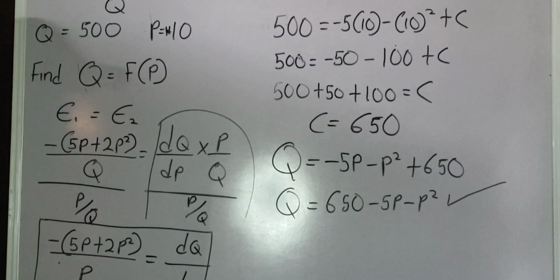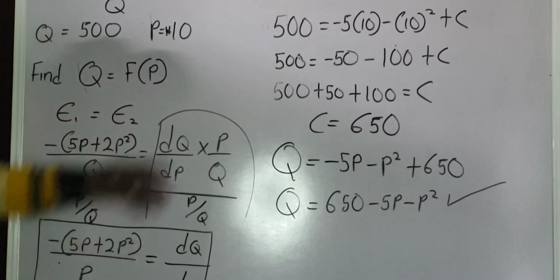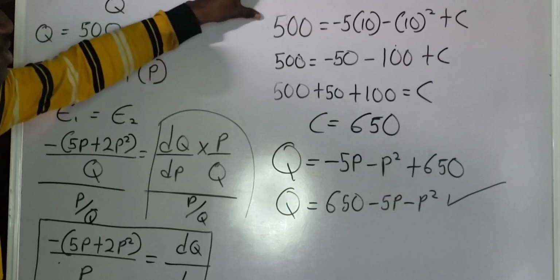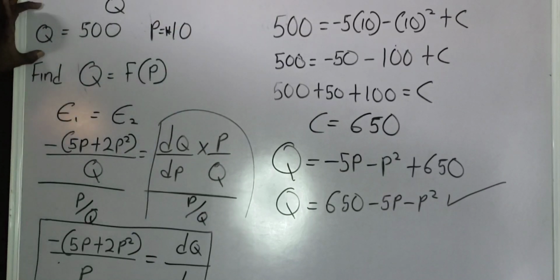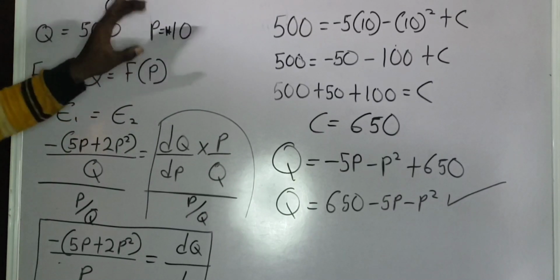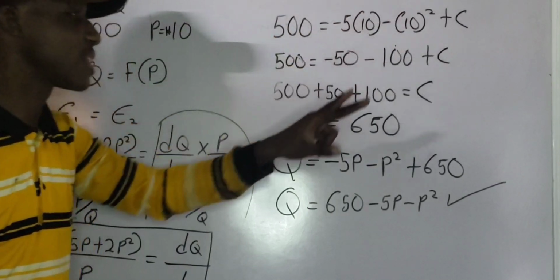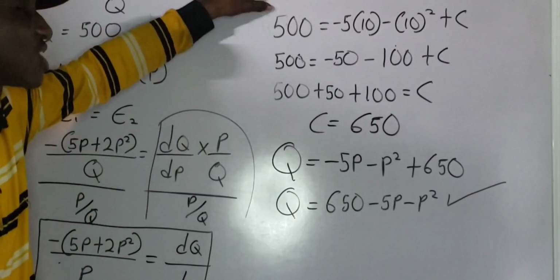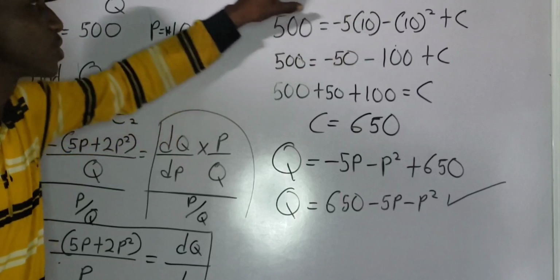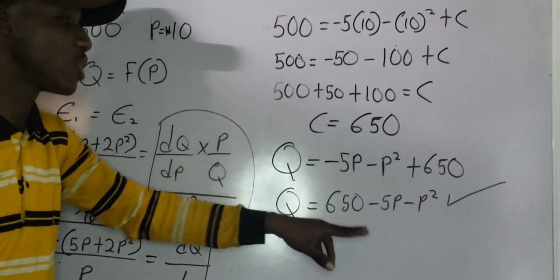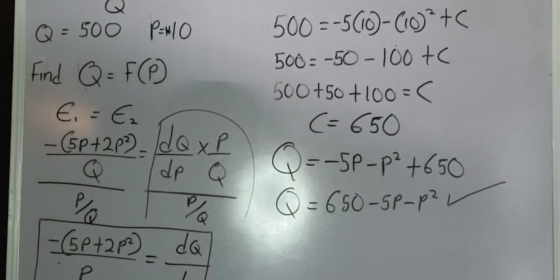When you have simplified, you are going to integrate. After integrating, you are going to get your demand function as this. After getting your demand function, you go back to the question. They are giving you the Q and the P. You substitute the values into this. You are going to get the value of C. After getting the value of C, you come back to the demand function and substitute the value of C into the demand function. After substituting, you are going to get the required demand function.